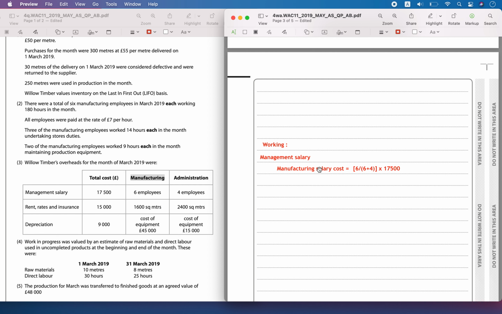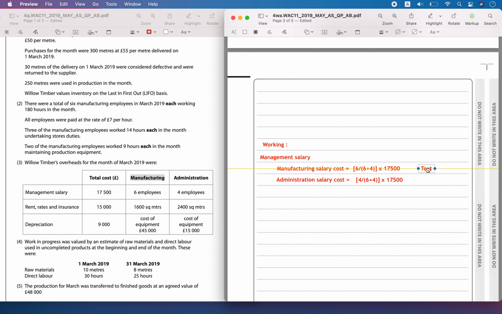Whereas for administration, there are 4 employees out of the 10 employees, and the total cost shared is 17,500.